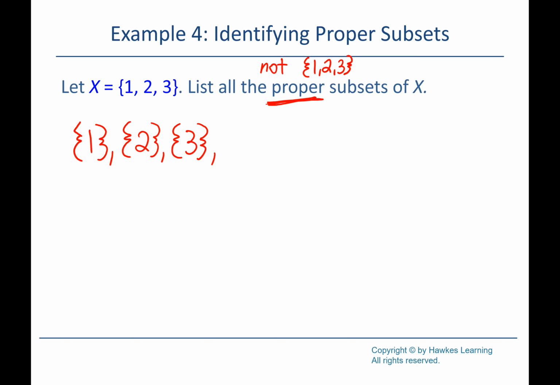We can't have 1, 2, 3, but we can do other combinations. Yeah, we could do 1 and 3, we could do 1 and 2. Or we could do 2 and 3. Just remember order doesn't matter. So saying 2 and 3 is the same thing as saying 3 and 2, right? You can switch the order, that doesn't make a difference.